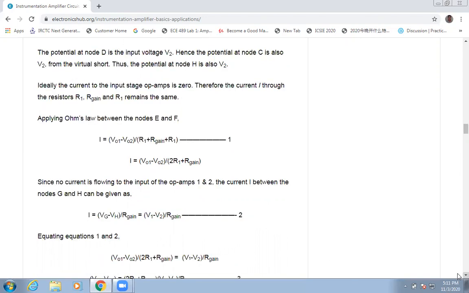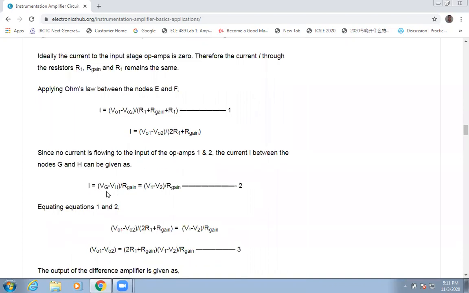Since no current is flowing into the inputs of op-amp 1 and 2, the whole current I between nodes G and H can be given as I is equal to Vg minus Vh divided by R gain, or we can say V1 minus V2 divided by R gain.